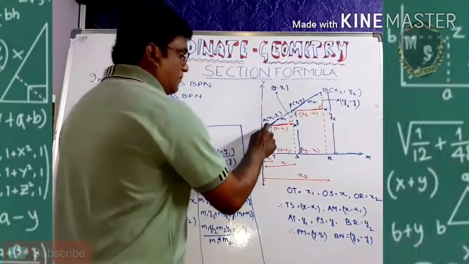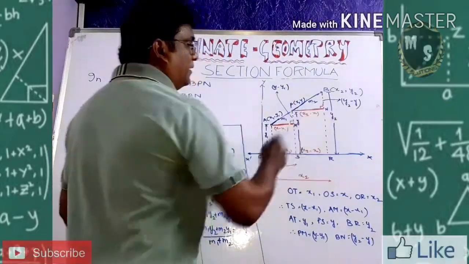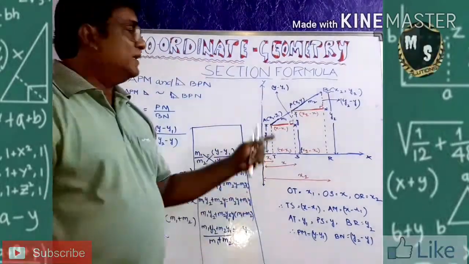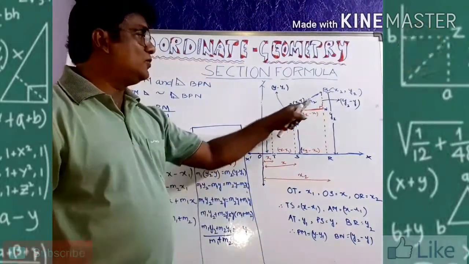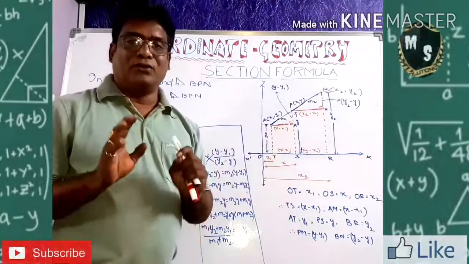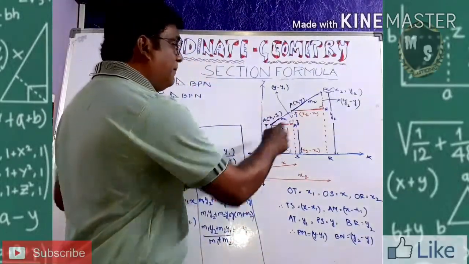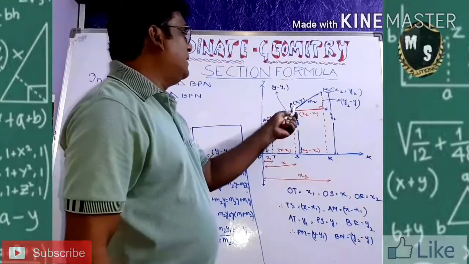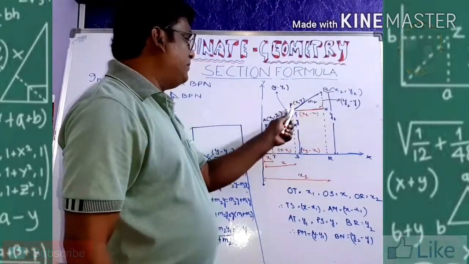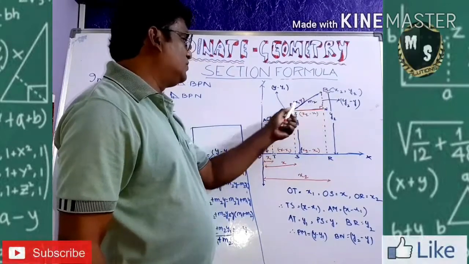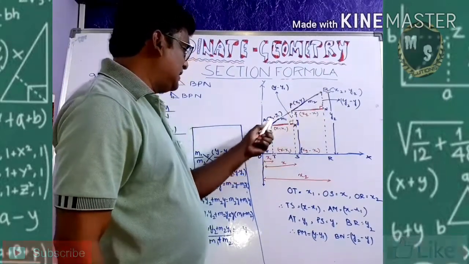After joining Am and Pn, what do you observe in this diagram? This section is divided into two right angle triangles. One is APM and another is PBN. So this is a triangle and this is another triangle.